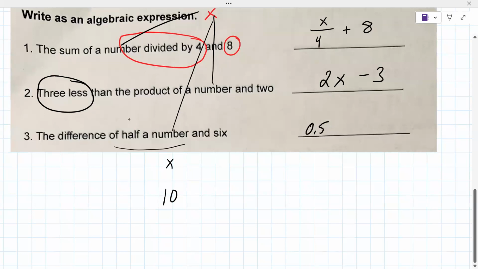What does half a number become? 5. Okay, let's say your number is 14. What is half the number? 7. But your number is x, so what are you doing to x? Dividing it by 2. Yeah, it says half though, so you want to do 0.5 times x. Okay, and then minus 6.